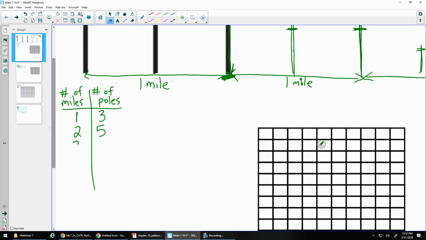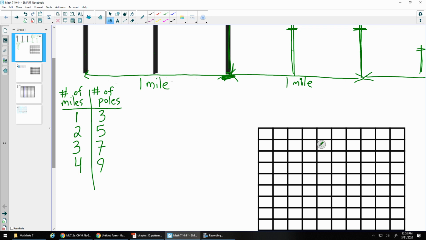If you were to stretch your line for 3 miles, you're going to need 7 telephone poles. And this pattern can continue. We see that it's going up by 2 each time for every mile. So for 4 miles, we would get to 9. For 4 miles, we would need 9 telephone poles.